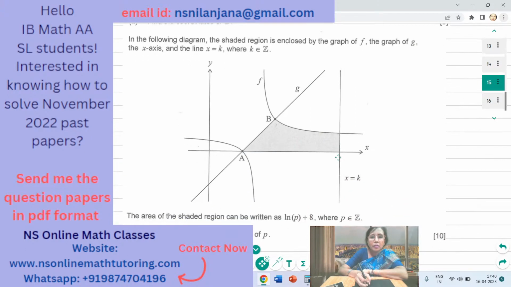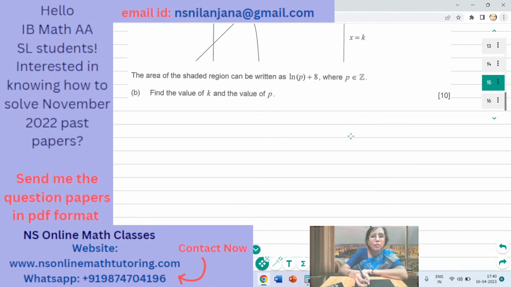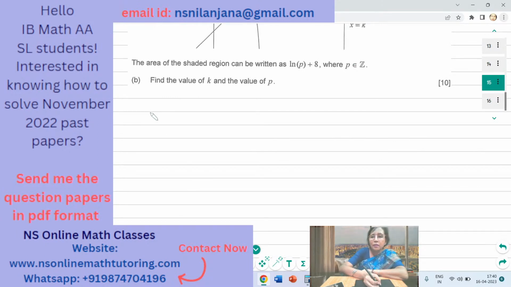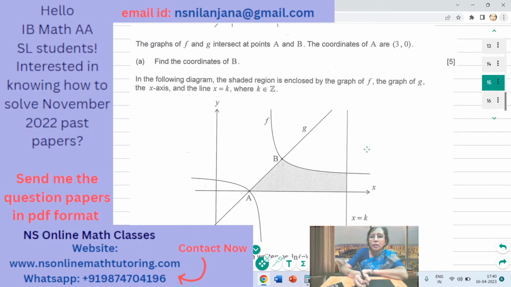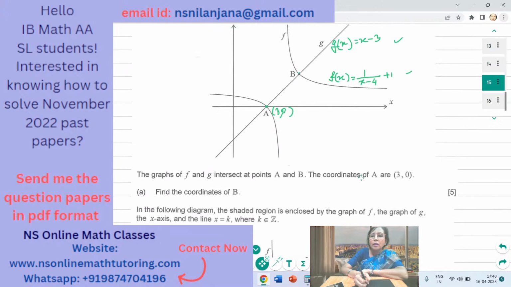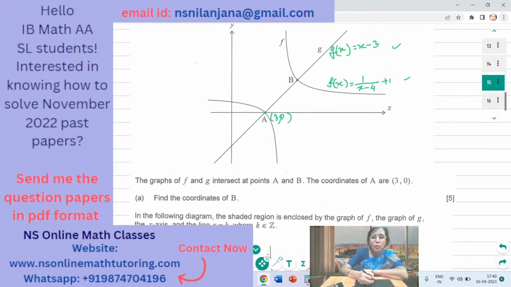Let me write it below because I don't think I can fit working over there. 1 over x minus 4 plus 1 was the expression for f of x, and g of x was x minus 3. Let us check. Yes.